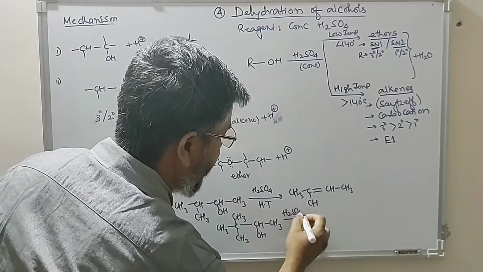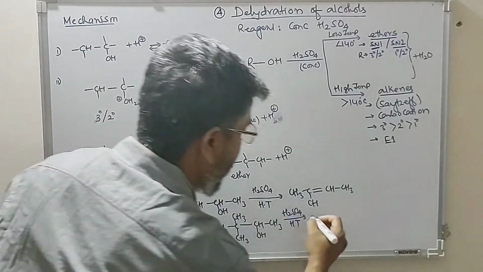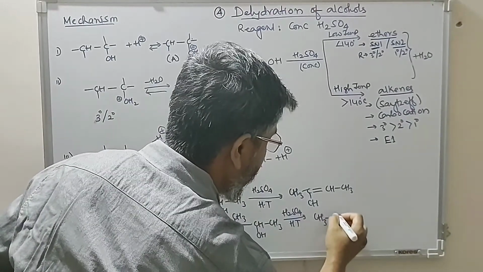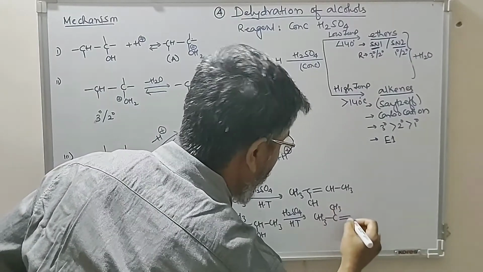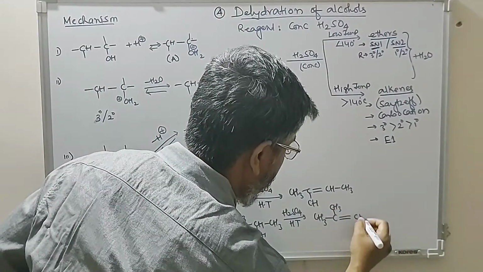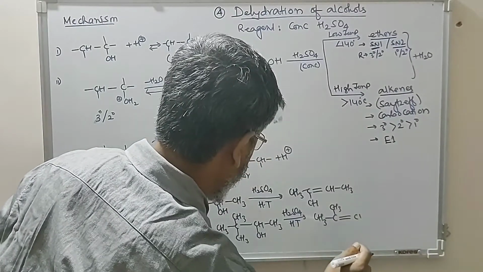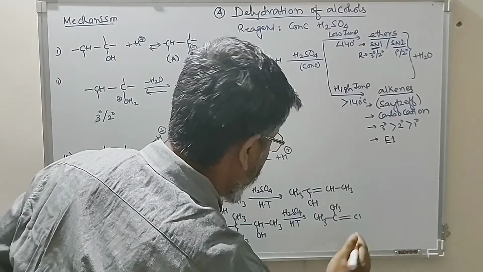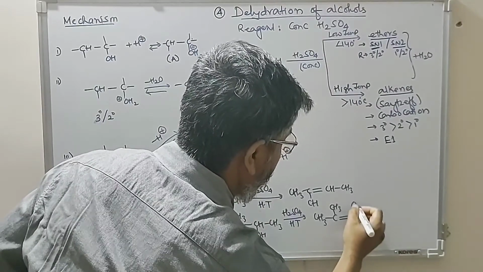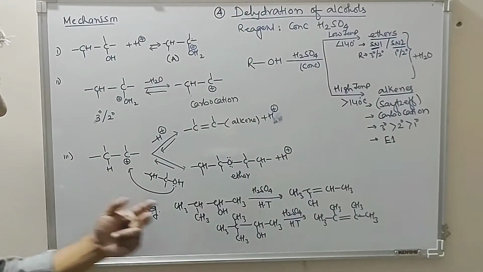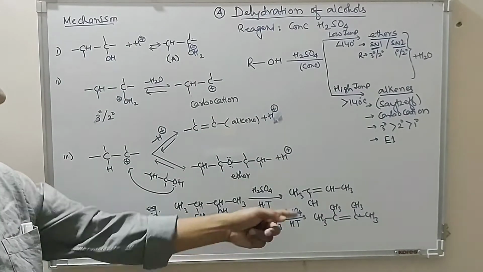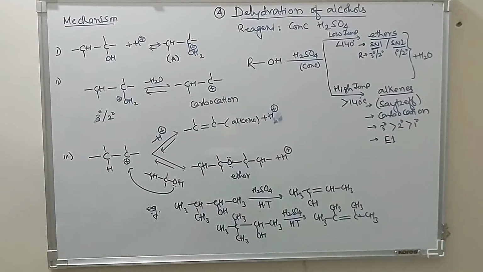This reacts with sulfuric acid, high temperature, and this gives you CH3 double bond C, CH3, CH3. This is the product. Carbocation followed by methyl shift followed by elimination. So this is dehydration of alcohols.